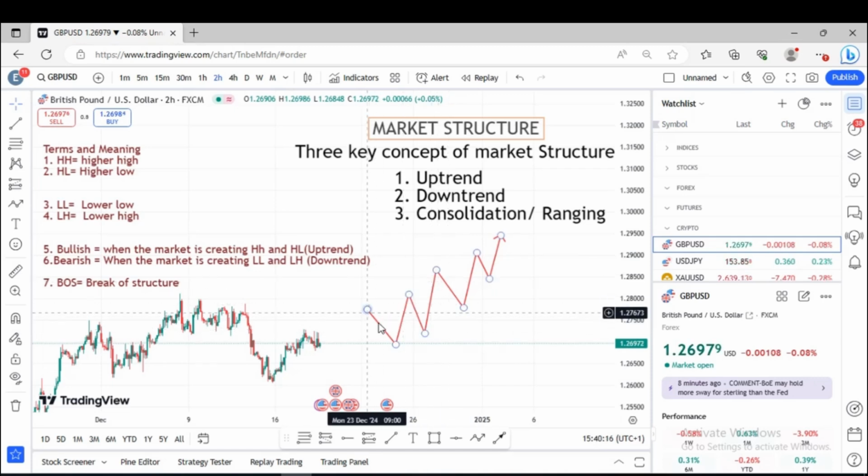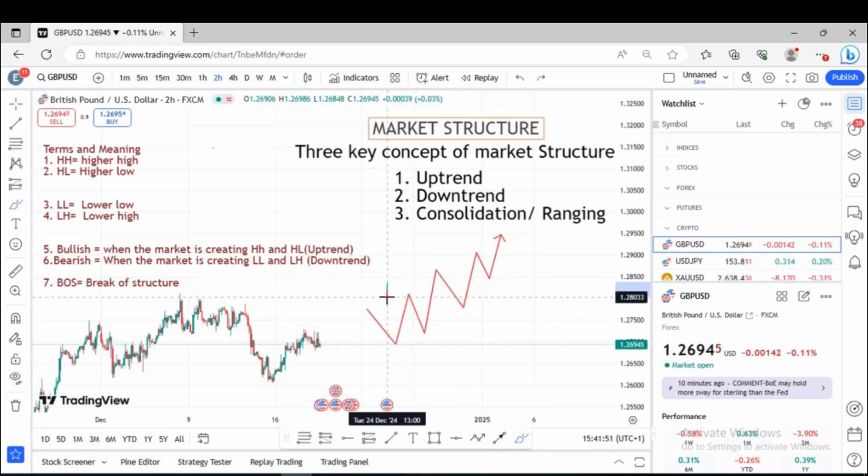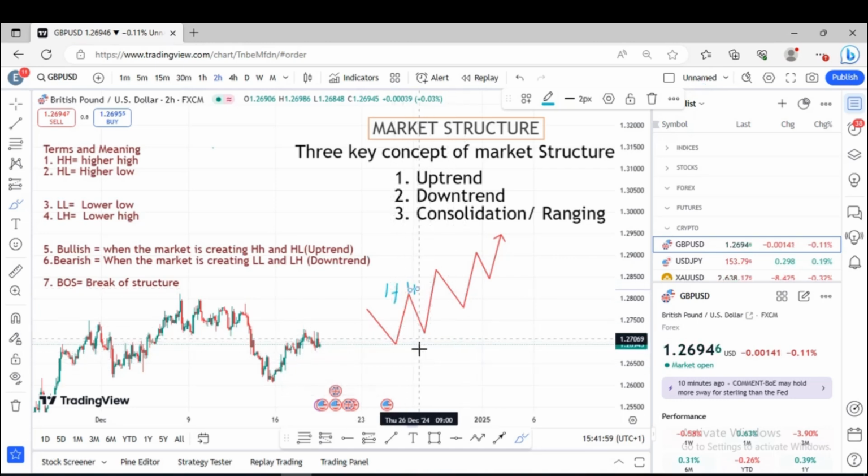It is creating a higher high. This high, from here to here, is a higher high. Here is the higher high, and here is the higher low. That is this point. This point is the higher low.